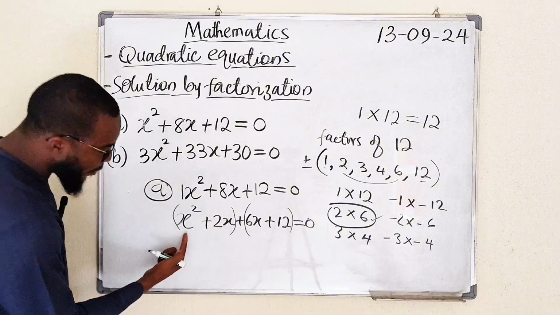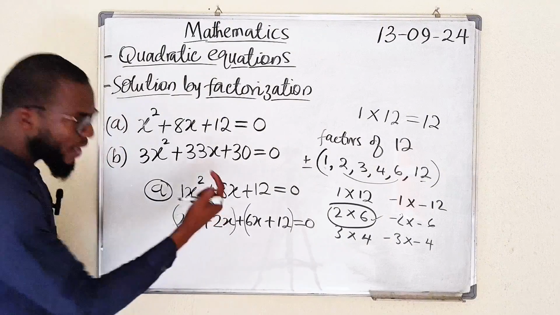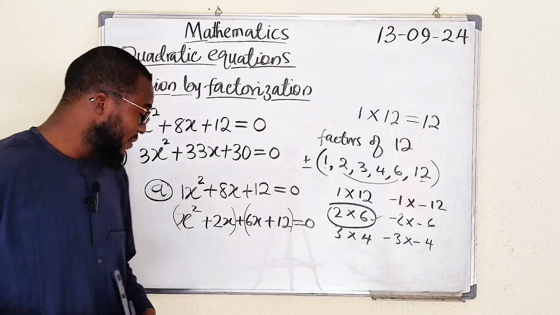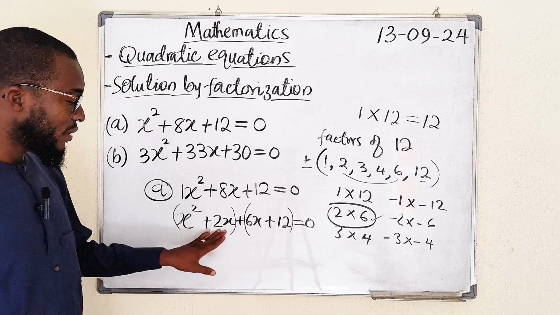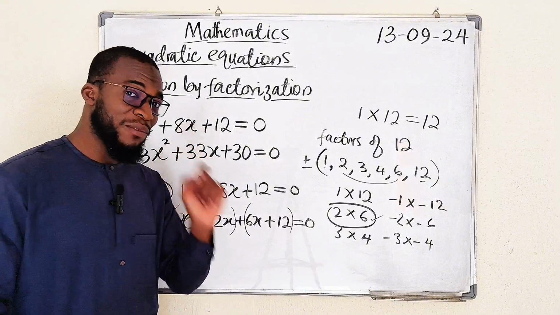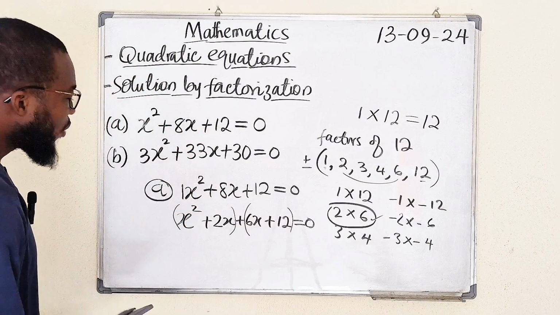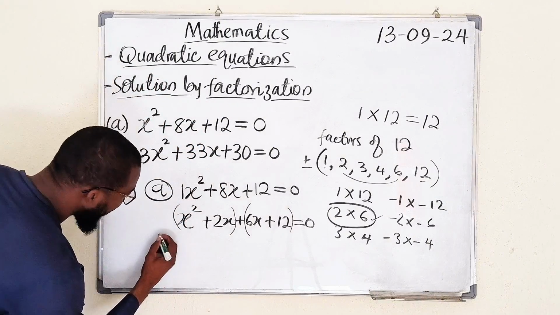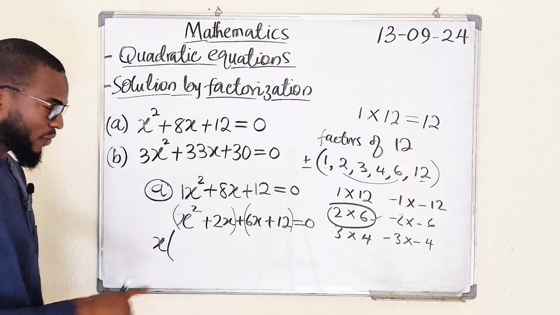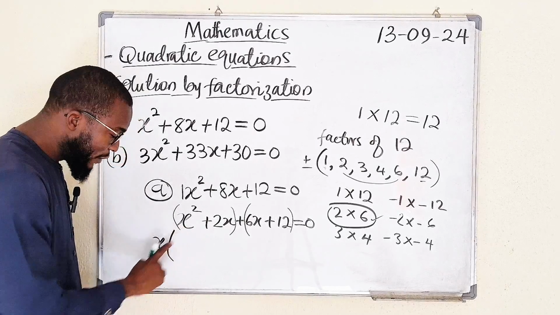What do we have in common between x squared and 2x? What we have in common between the two terms is x, because this contains x, this contains x, and x squared means x times x, remember. So one x will come outside. Inside, you take x squared, you divide by x.